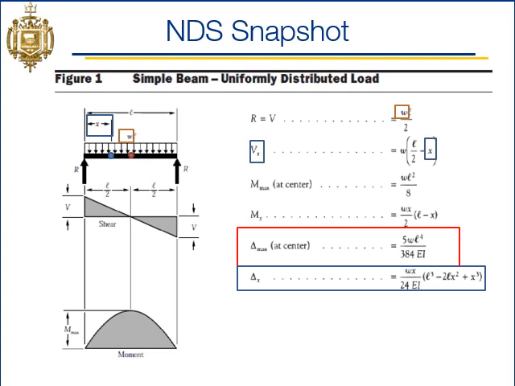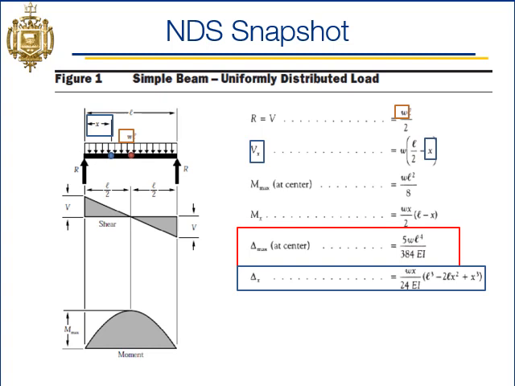The second equation, which I've got a little blue box around, says Vx. What that's saying is the value of shear at any distance x from the left. All these blue boxes correspond with each other. If we look at our figure on the left, there's this value x that's been boxed.